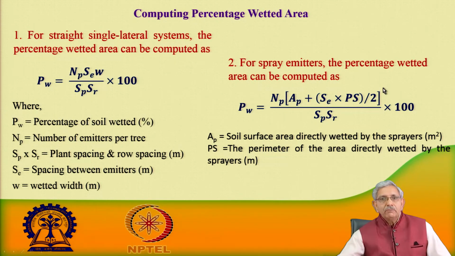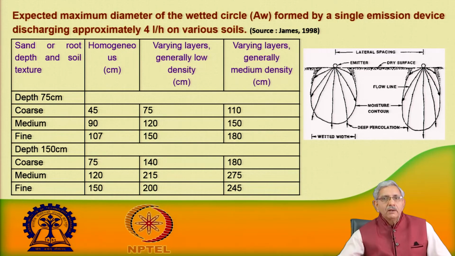So, this will give the wetted area for a spray system or micro sprinkler system. This is a study which has been reported by James in 1998.